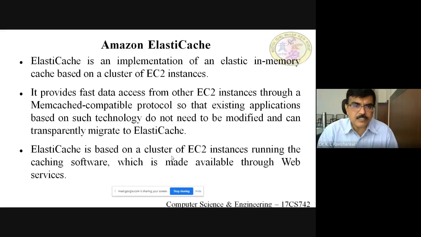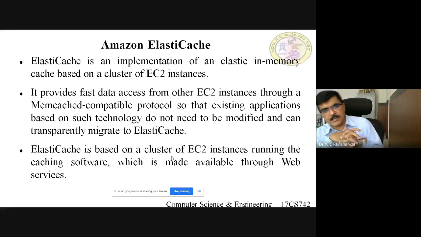It provides fast data access from other EC2 instances through a memcached-compatible protocol, so that existing applications based on such technology do not need to be modified and can transparently migrate to ElastiCache. So you can access your memory fast compared to when you do not have a cache.